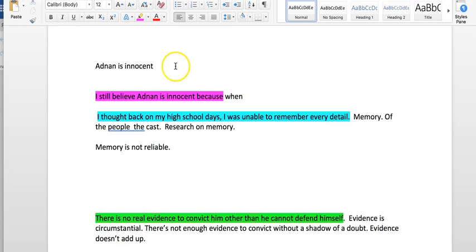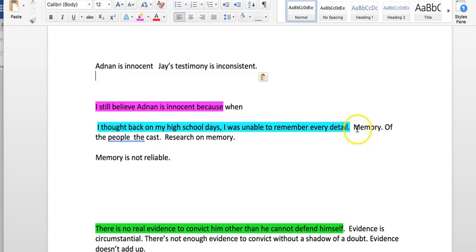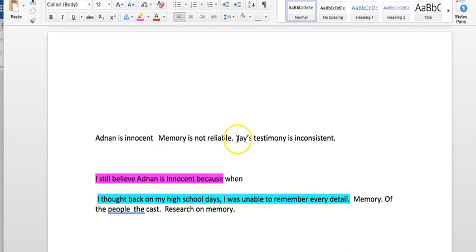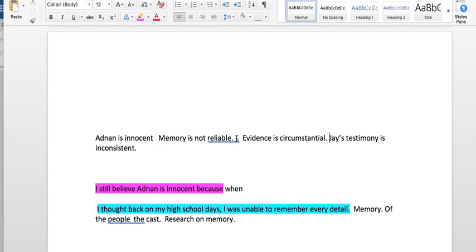Okay, what's wonderful about this is that I can put all this stuff together. Let's go ahead and cut all this, and let's put this in order, and we'll go ahead and make this happen. Okay, so we have right here, that looks like Adnan is innocent, looks like an assertion here.